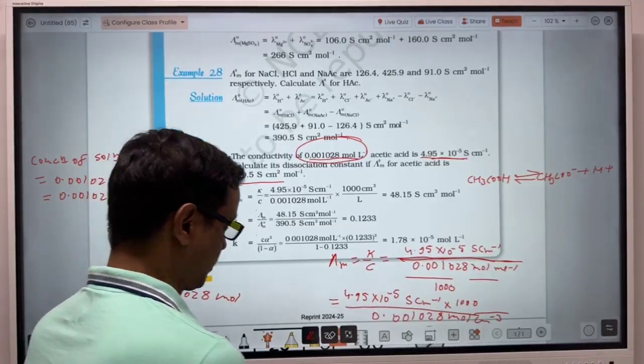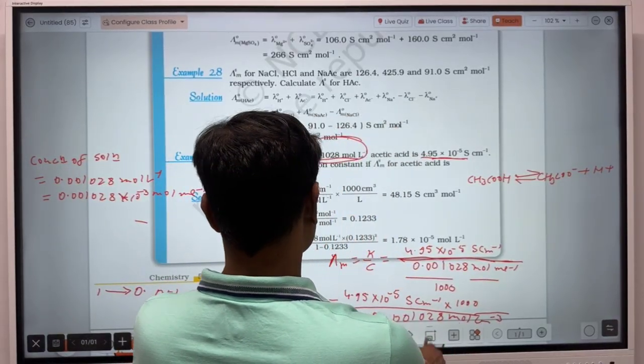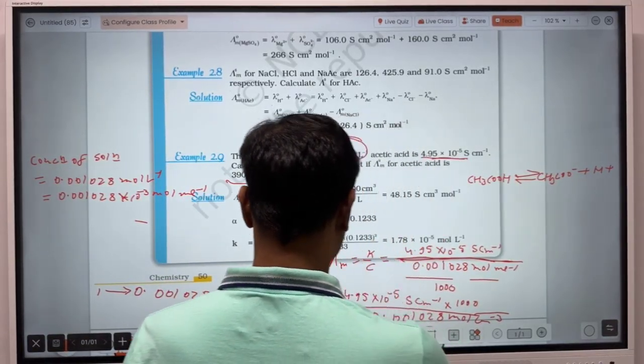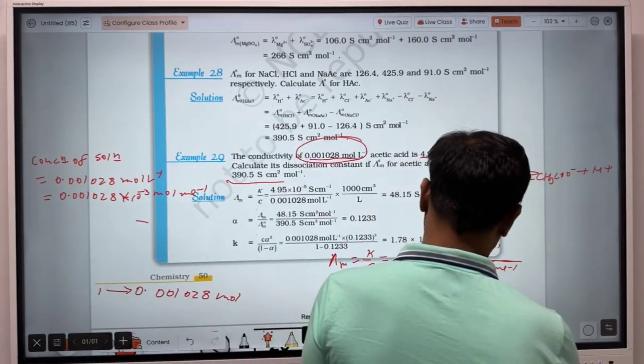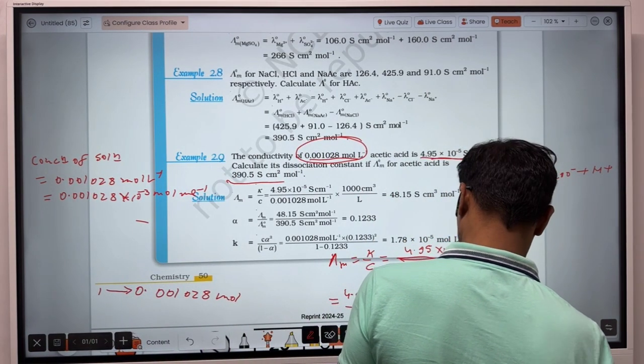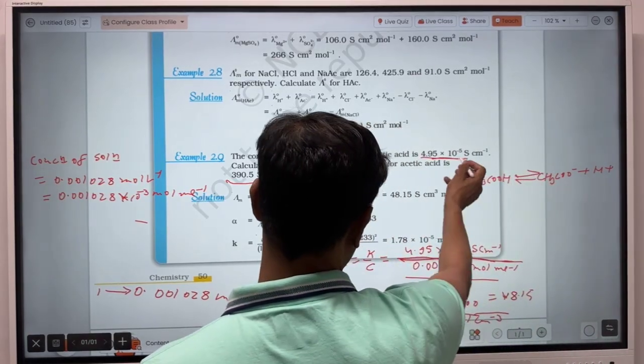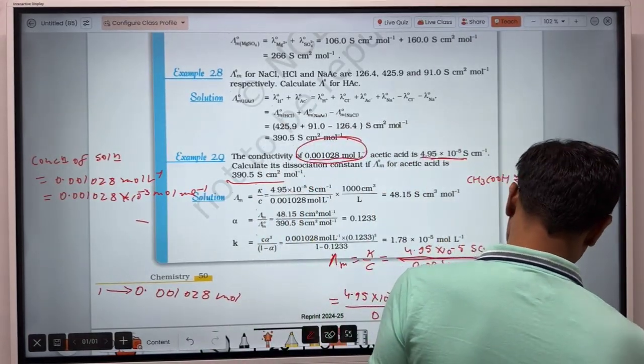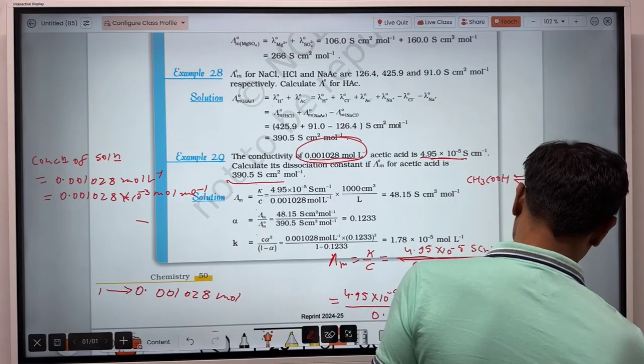Calculate this one, you will get the molar conductivity, that will become 48.15, that much Siemens centimeter square per mole.